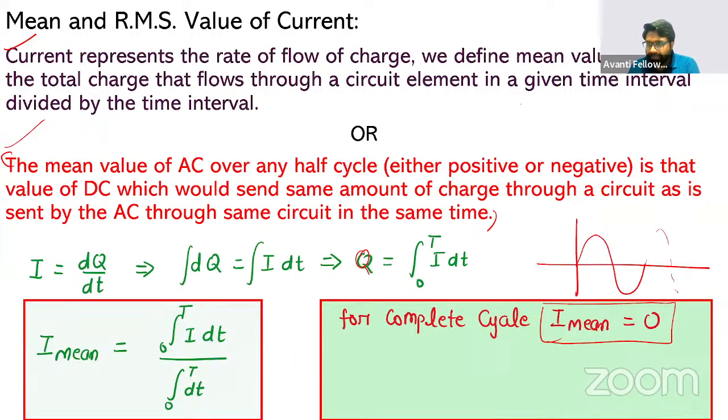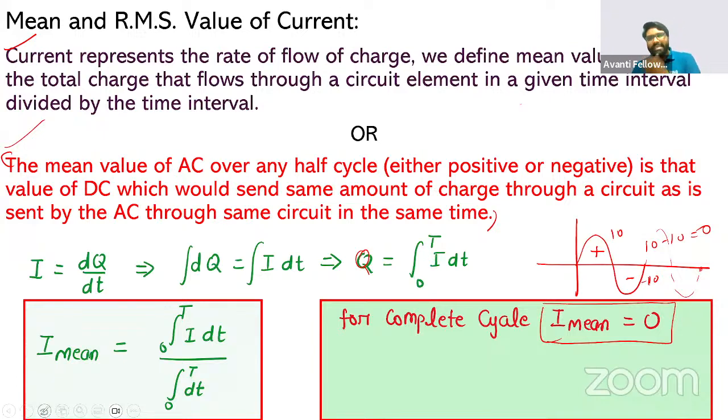After that, another cycle is repeated. For this cycle, what will its mean value be? 0. See, here it is positive, and the same amount went negative. If this amount is positive, let's say 10 units, the same amount is negative, 10 units. So what is the average of it? 10 minus 10 will be 0. So that is why the mean value of the current over an entire cycle will always be 0.